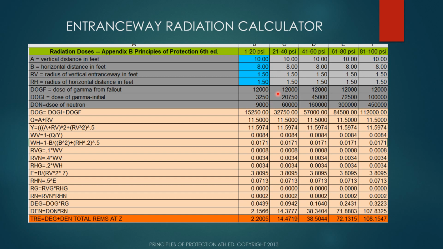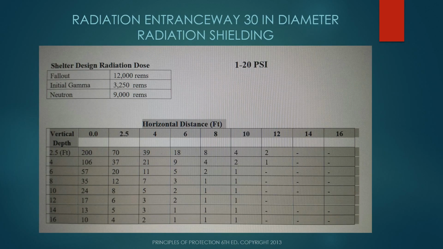Just notice what happens when you get over here to the 100 psi range. You end up with 108 REMS inside the shelter, which means people would be getting sick. In the POP book, there are established tables for a 30-inch diameter tube.